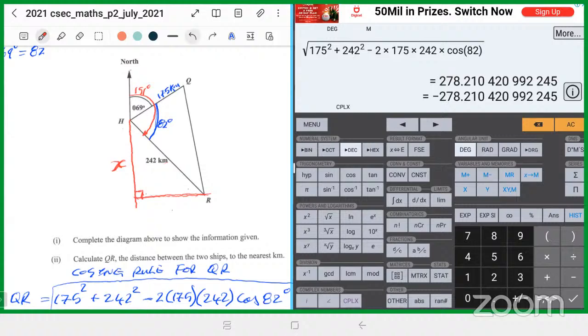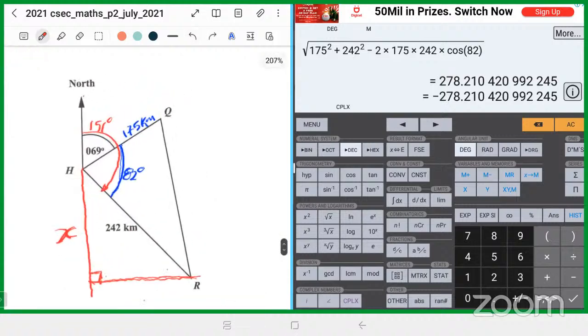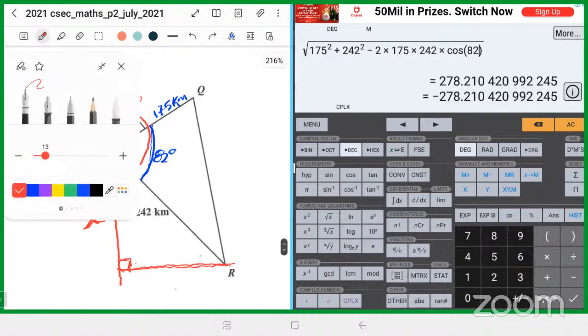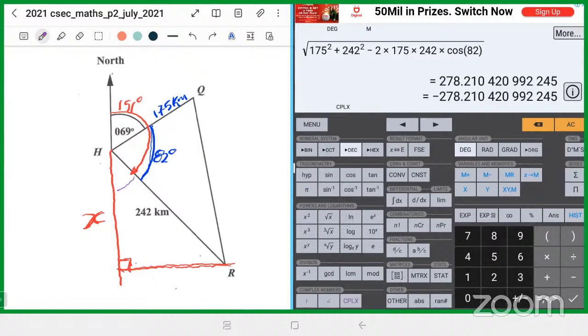This angle right here, in purple, will be very useful, and we can find it. Why? Because the total angle along this line is 180, and this part of it is 151. So 180 minus 151 gives you the angle inside here.